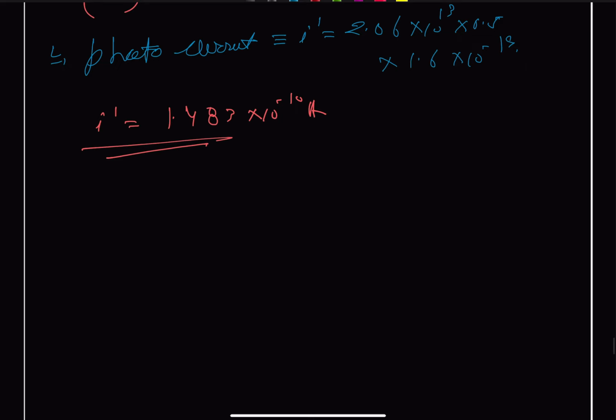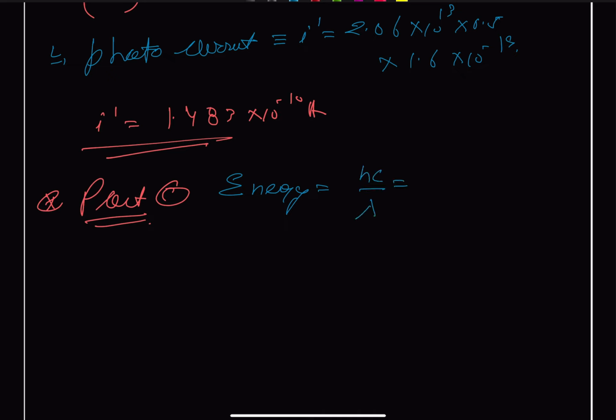Proportionality. So we have part C, the energy of the photon is equal to hc upon lambda, and we know the value of hc in terms of electron volt and angstrom.